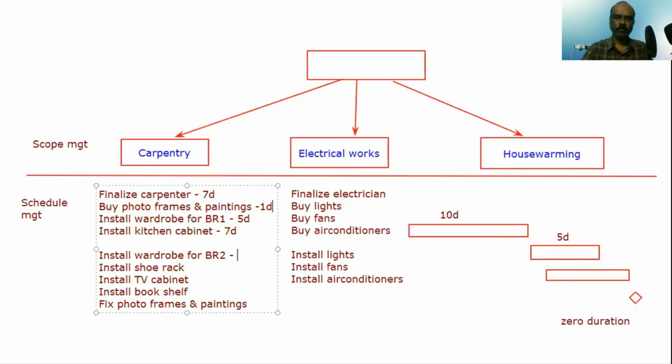Install bedroom for 5 days. Install shoe rack, maybe 2 days. Install TV cabinet, maybe 3 days. Bookshelf, maybe 3 days. Fix photo frame and paintings, maybe 1 day. Maybe you may have fixing curtains. Maybe you can have a few other things that you want to do.